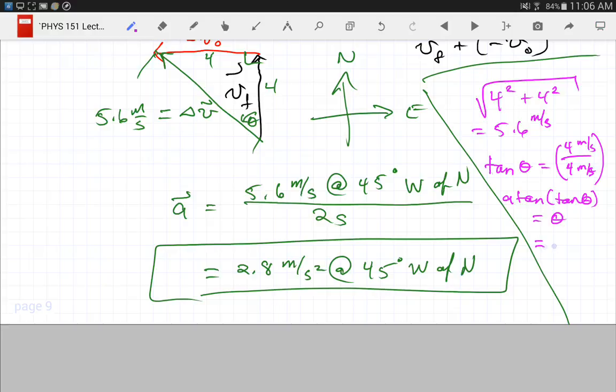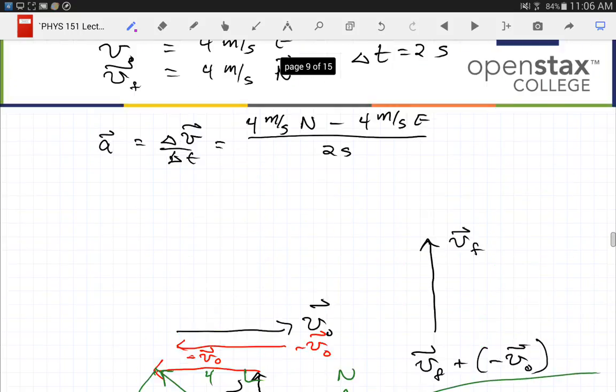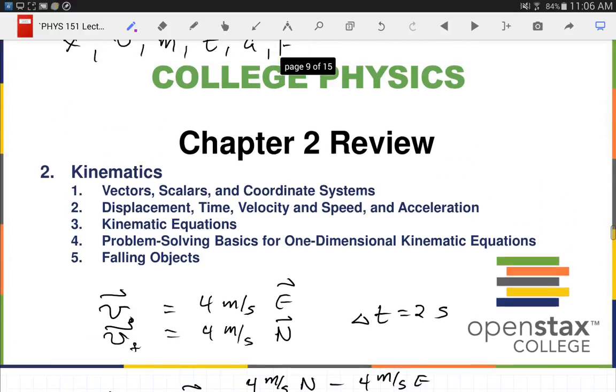And the other side will become arc tangent of 1, because 4 over 4 is 1. And so then I punch in my calculator arc tangent of 1, and it pops out 45 degrees. So we have the analytical method and the graphical method for adding the vectors.